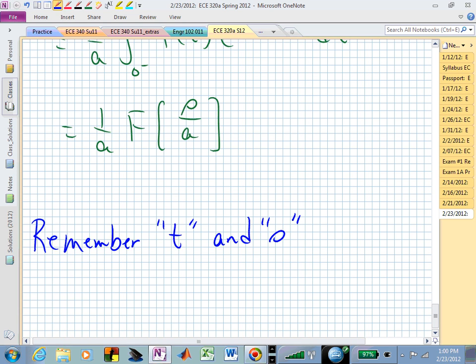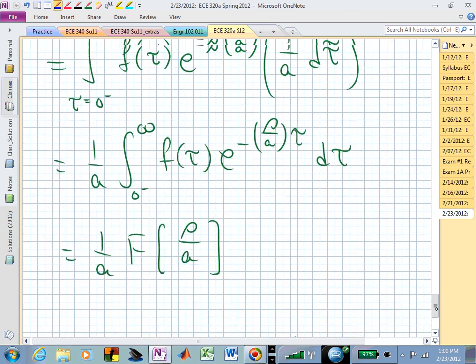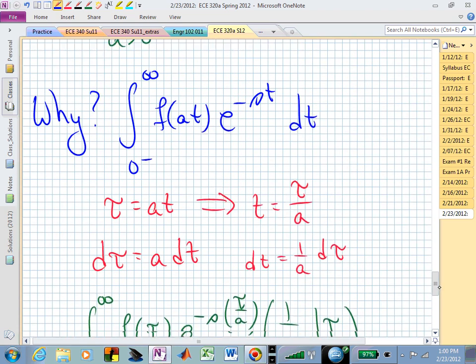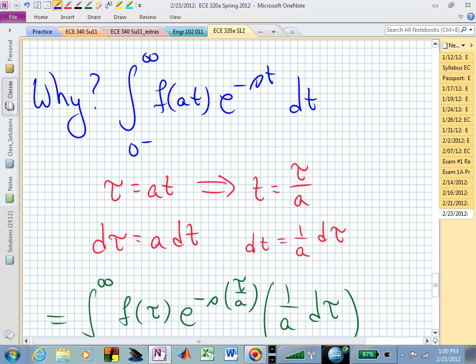If you look at this e to the minus st, you want that exponent to be dimensionless. T, you know the units of. That's seconds. So s must have units 1 over second. So it's a frequency variable. That's why we call it the complex frequency domain, or the S domain. We're stepping into the S domain, the frequency domain, or we're working in the time domain.